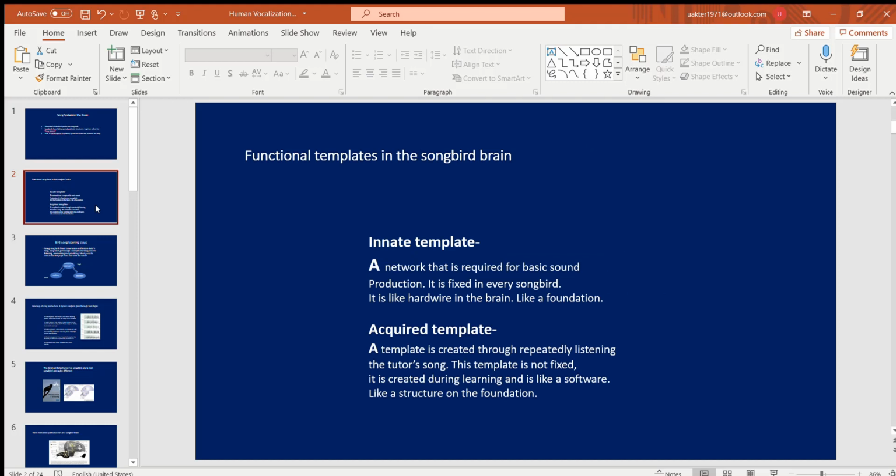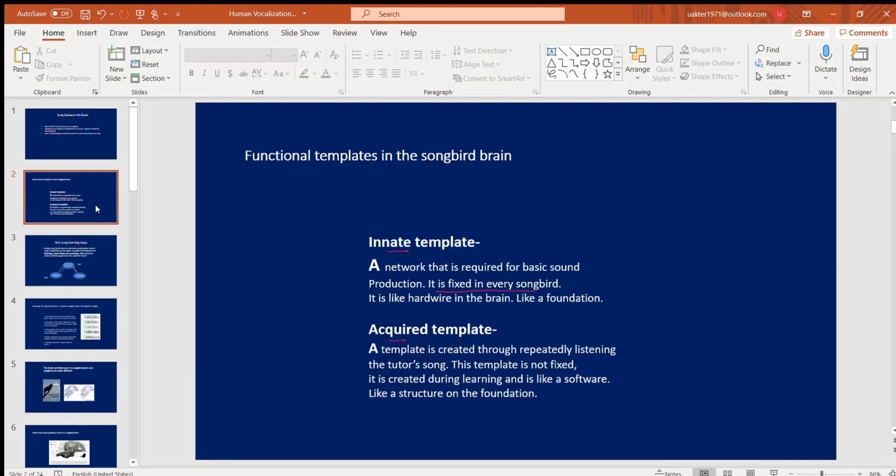Okay, during the learning of language or speech, how to produce song by the songbirds, two templates are used. One is the innate template, another is the acquired template I mentioned in the last class. In the innate template you will find the structures that are developed by the guidance of the genes, that means genetically guided.